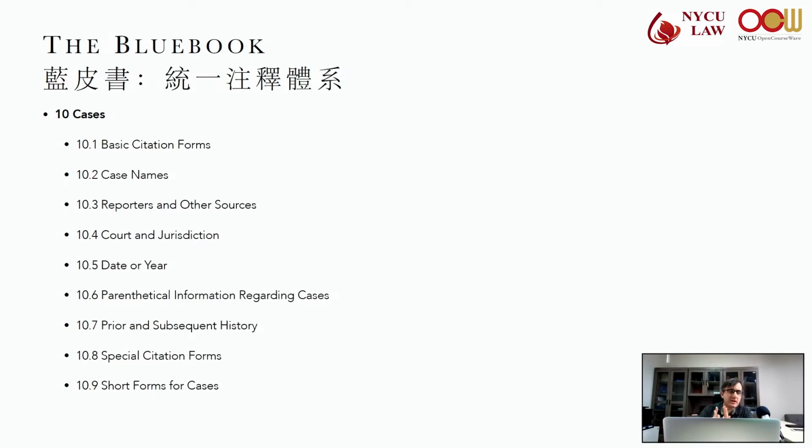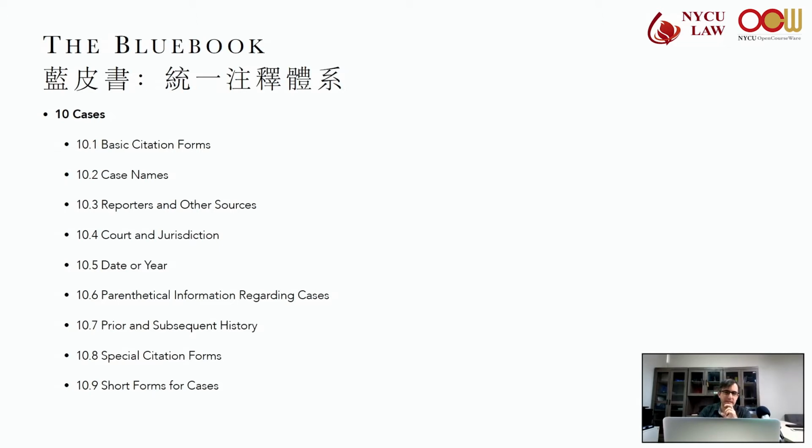We don't use the government party with a comma. And then for the volume and reporter, we just have volume number, reporter abbreviation, and then at, and then the pin site. We don't put the first page on which the case is included. So that's kind of a basic overview.